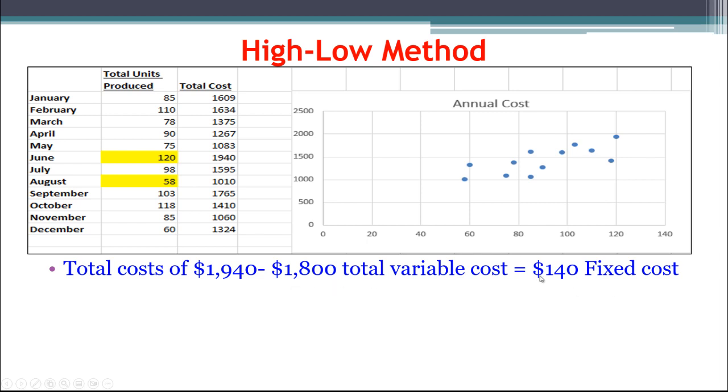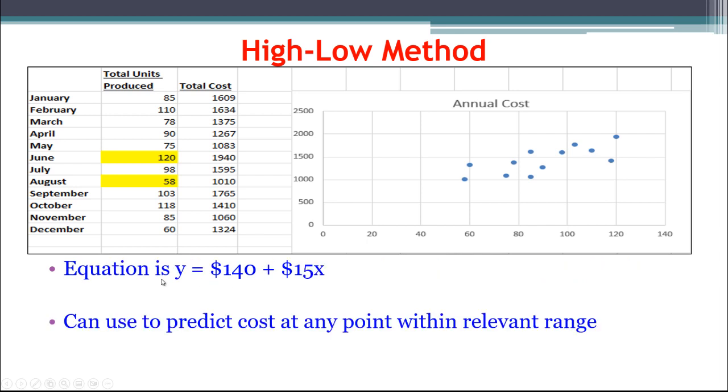So the difference of 140 must be fixed. Now we can plug all that back into our equation and say that Y, total cost at a particular level, is $140 plus $15 times the number of units, X. Within that relevant range, this should work, and we could plug any X level and get a pretty good prediction of what the cost is going to be.